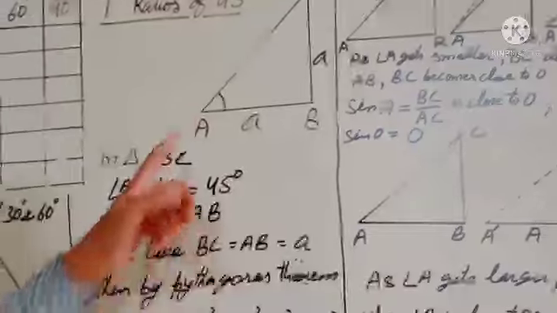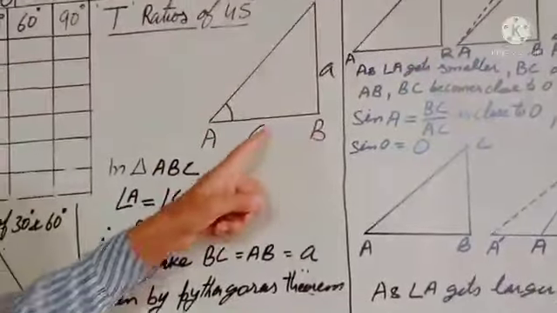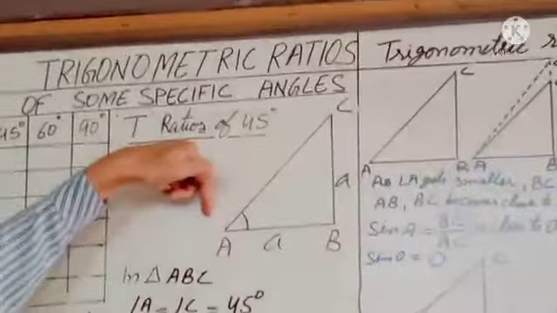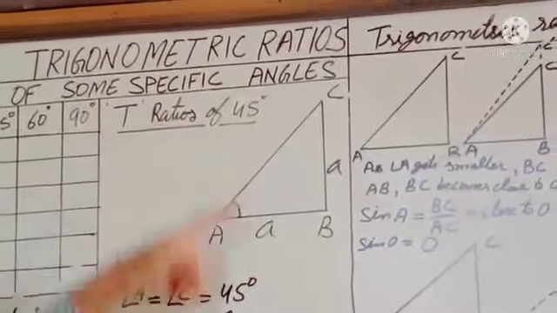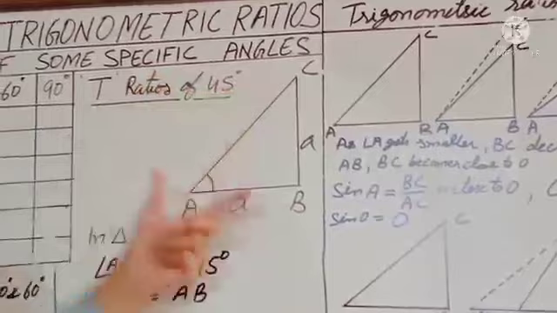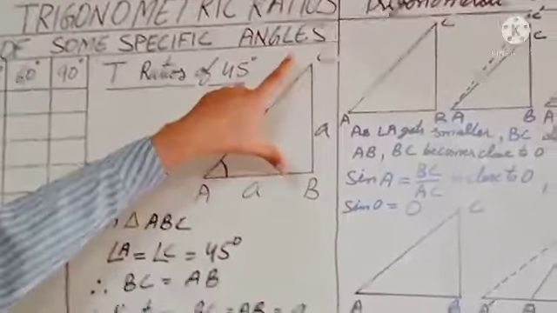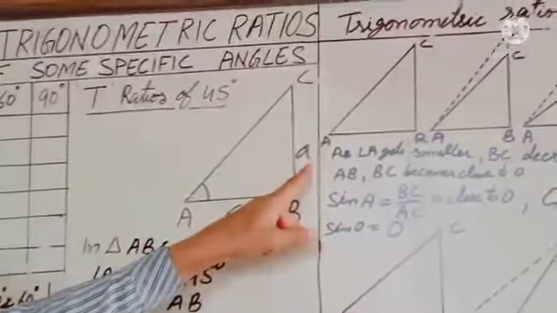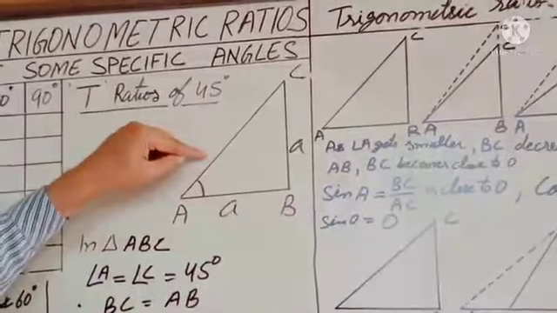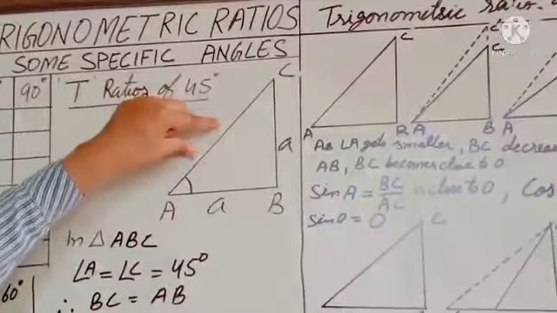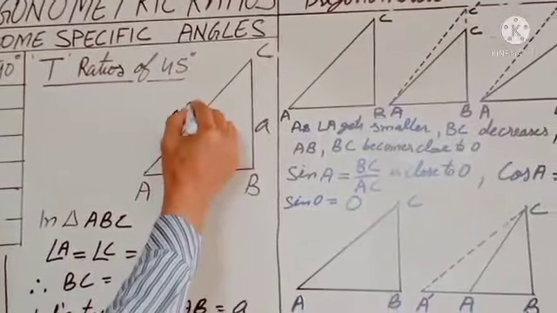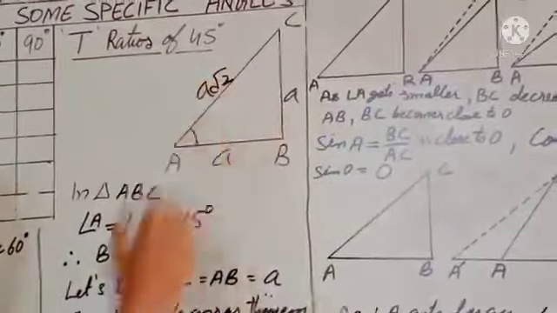Once we have taken these to be equal to A, how much is AC? AC square is equal to AB square plus BC square. That means AC square is equal to A square plus A square. That means AC is equal to A root 2, right? AC comes out to be A root 2.